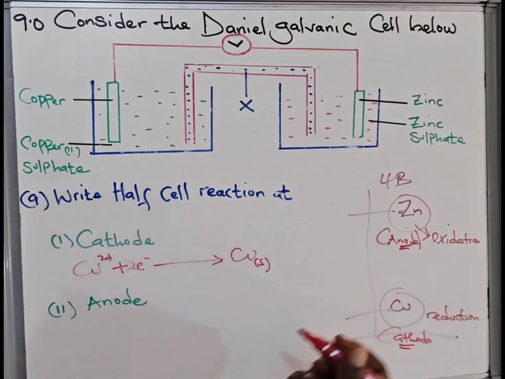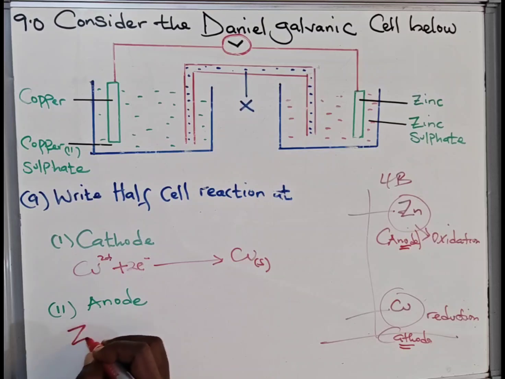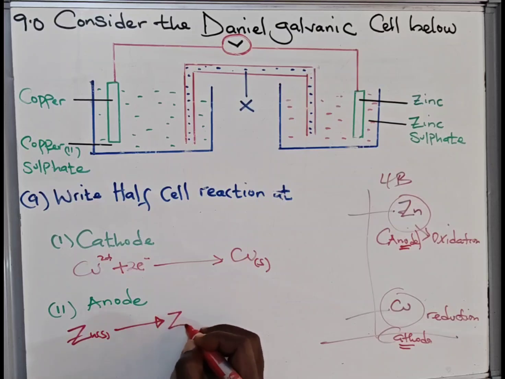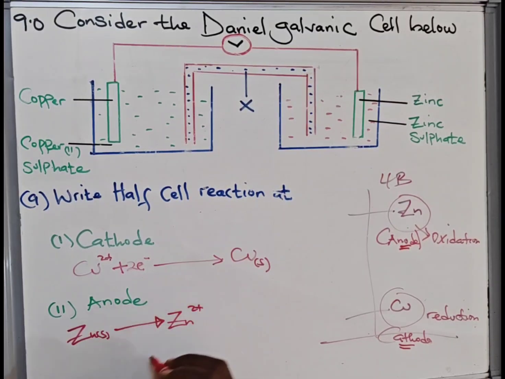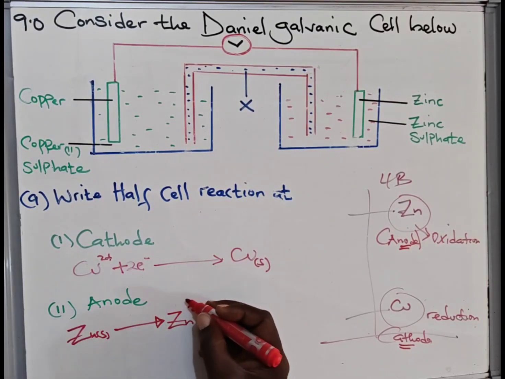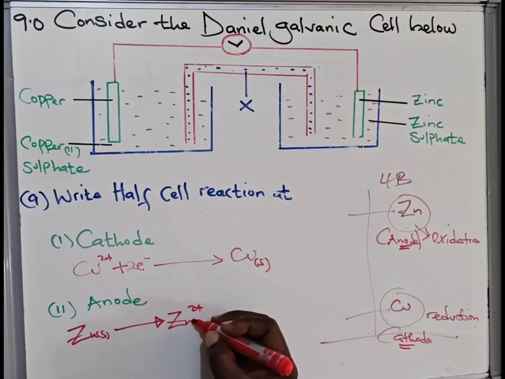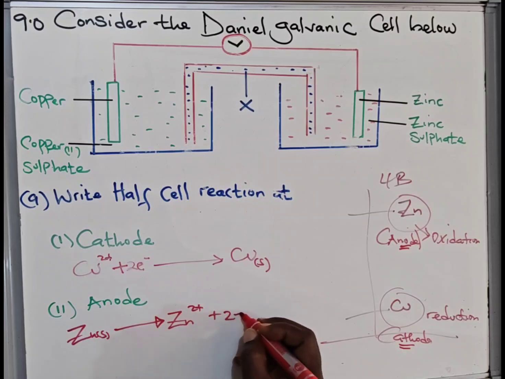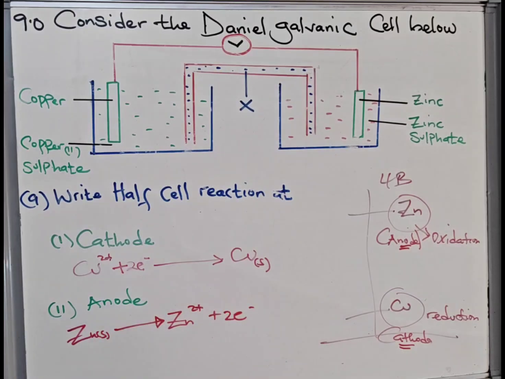So we are going to have zinc solid being oxidized to zinc ions. The charge we have here tells us how many electrons are involved, and the 2+ implies 2 electrons.